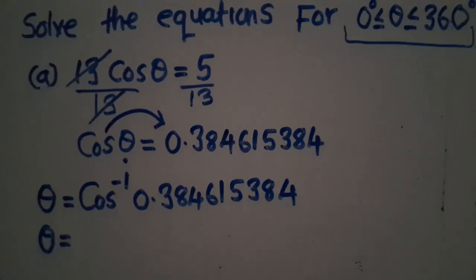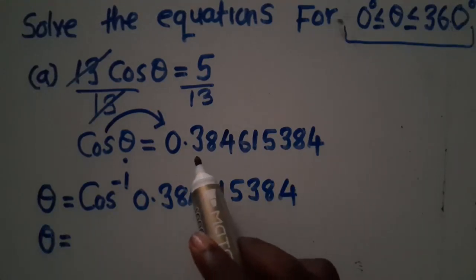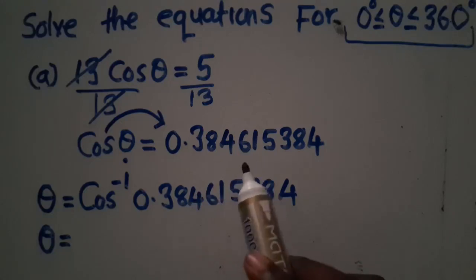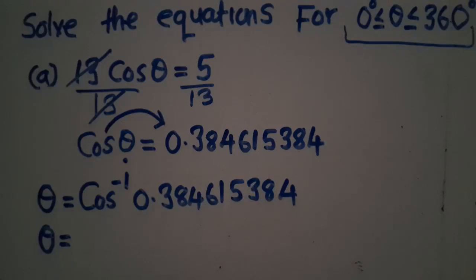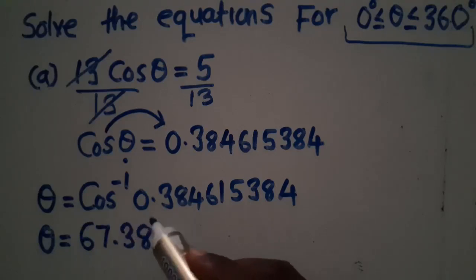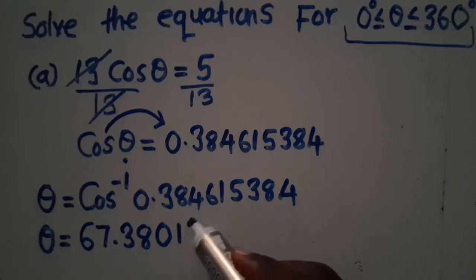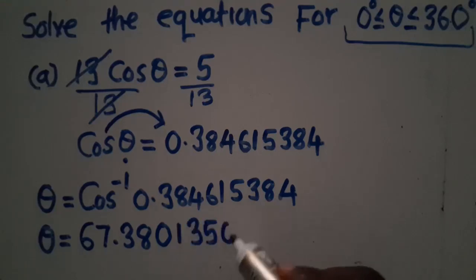Then theta is now equal to what? How do you punch this? This answer is already displaying on your calculator. If you want, just press shift, then cos, then equals. You are still going to get the answer, which is 67.380. I can finish it if I want, but even if I end there, there is no harm.